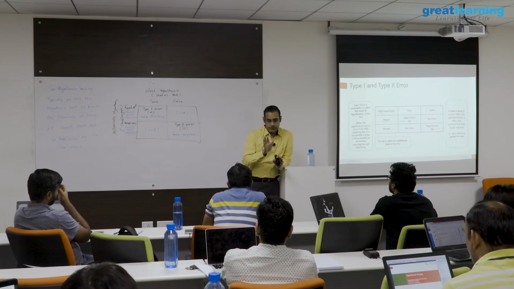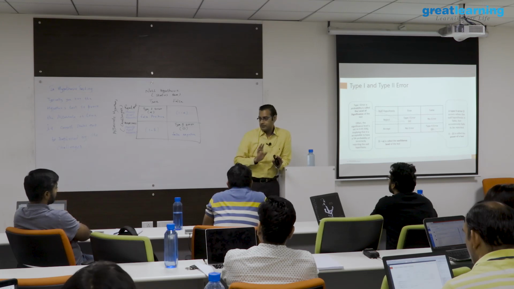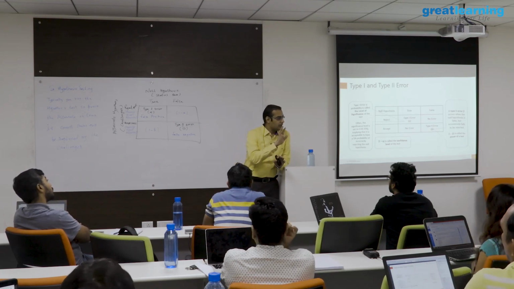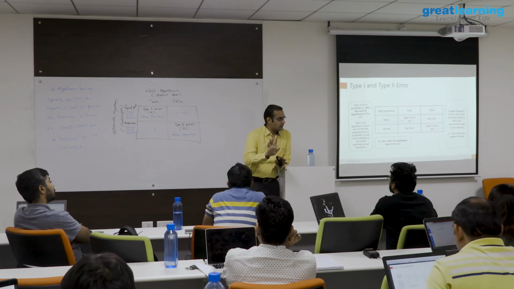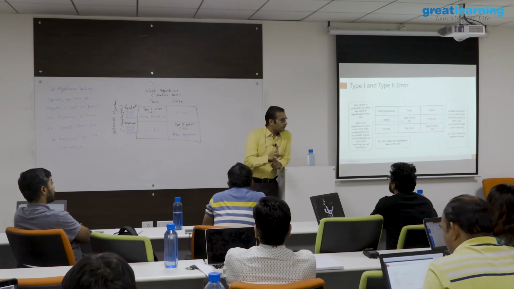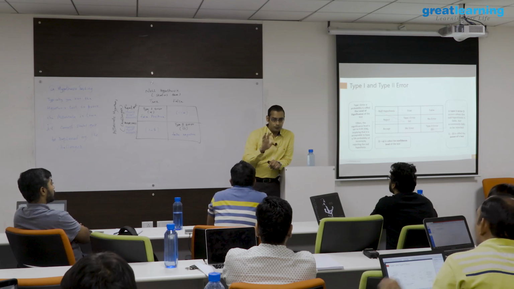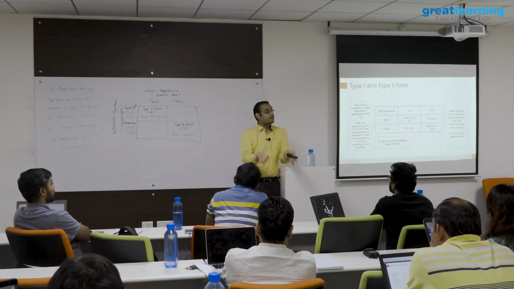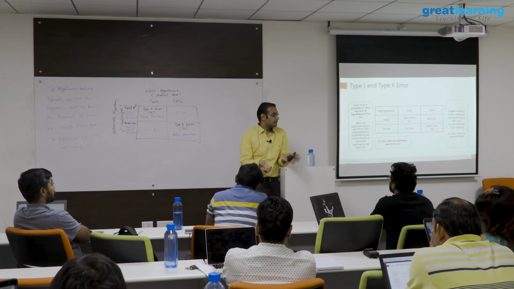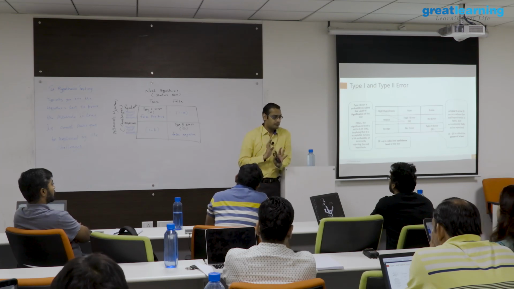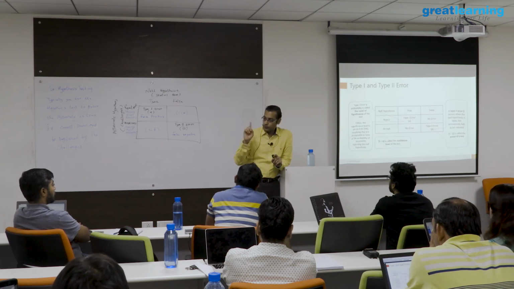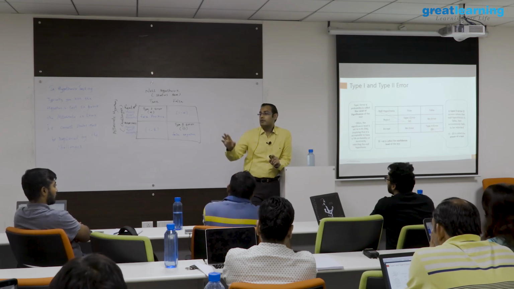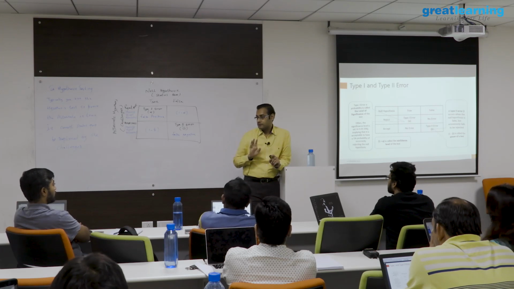So the hypothesis is there is a problem with the system, and the entire reason you are testing is to prove that there is a problem with the system. The objective is not to prove that there is no problem. It is great if you end up saying there is no problem, but the reason for testing was to prove that there is a problem with the packaging process.